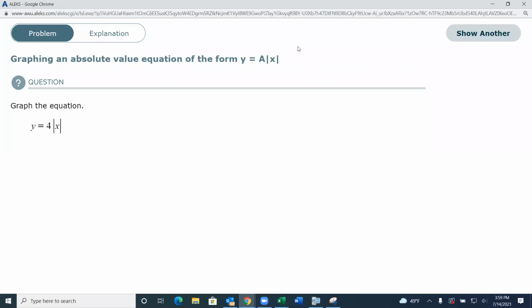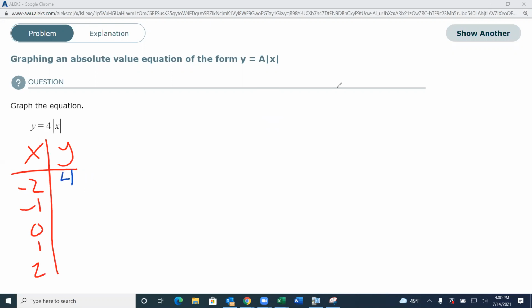Now, an alternative way of doing this would be to just get some points, and then we can play dot to dot again. Let's grab maybe -2, -1, 0, 1, 2, pretty standard stuff. Then say, when x is -2, what's y? 4 times the absolute value of -2, which is 4 times 2, which is 8.